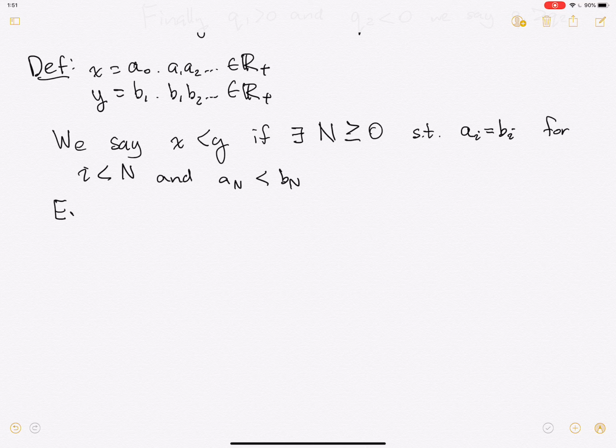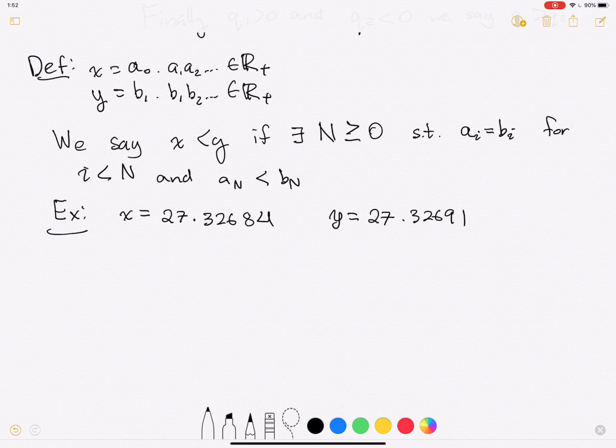So let's look at an example. x is equal to 27.32684 and y is equal to 27.32691. Scanning along, we see everything is equal up to this point: we have 27.326 here and 27.326 here.